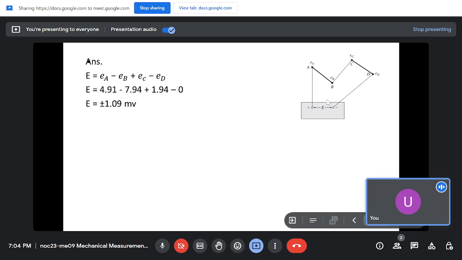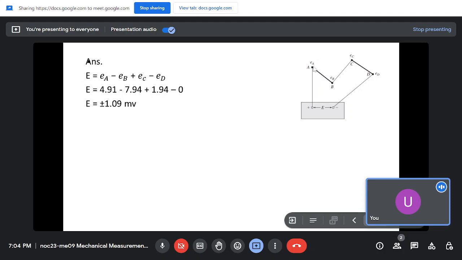So in this case, we know that we have four junctions. The first iron is connected to the potentiometer. So this being positive, the EMF generated, this will become negative. And you have another connection, this being an iron and then a constantan, and now a constantan and an iron is used for junction B. So this EMF generated will be negative.